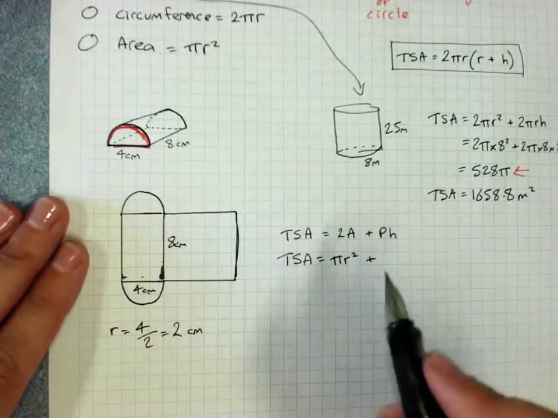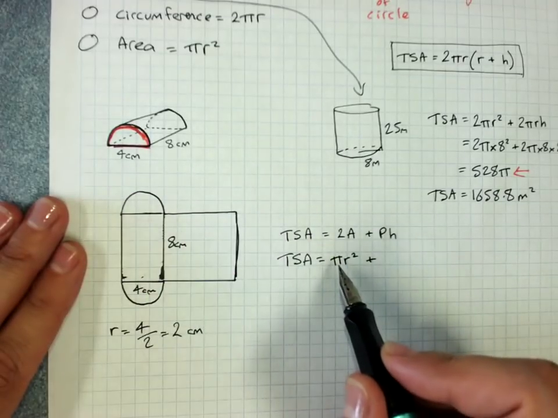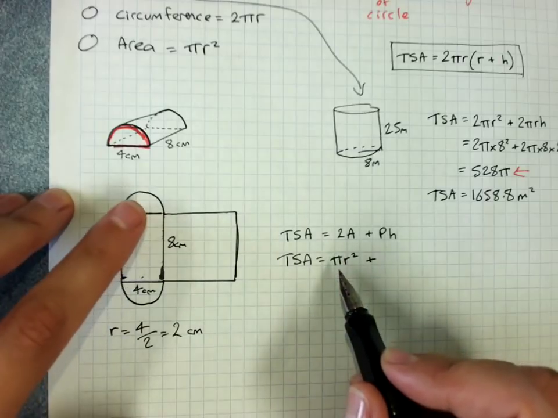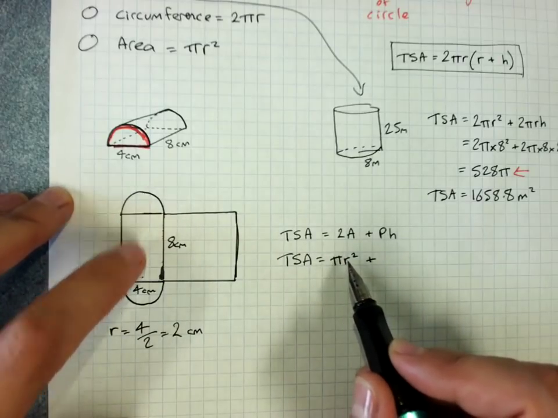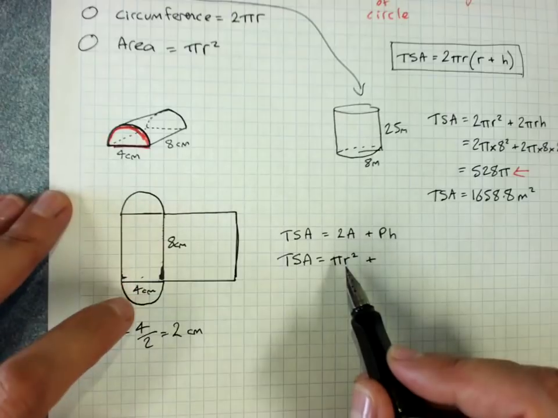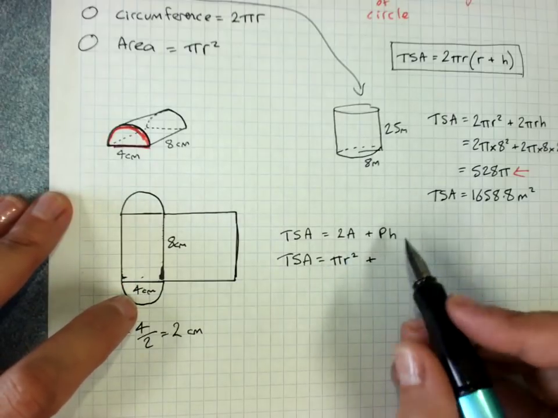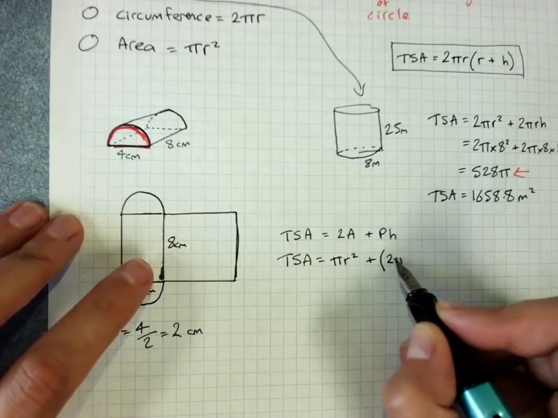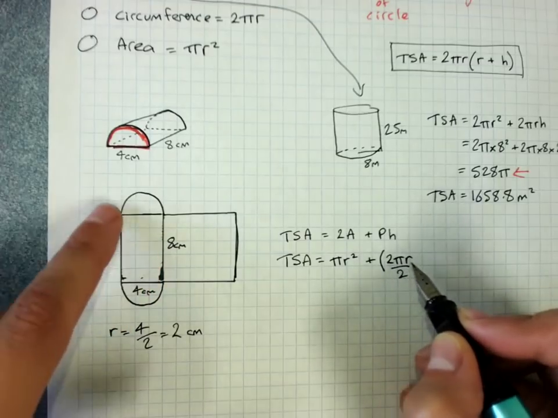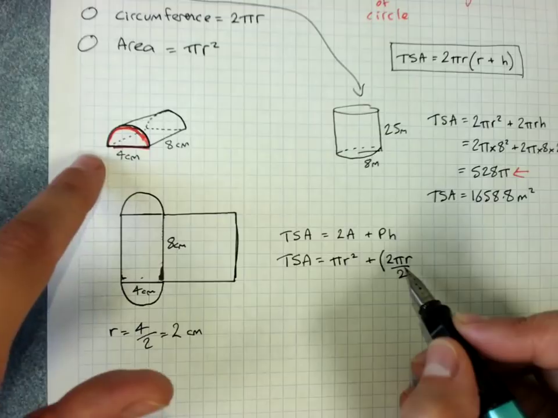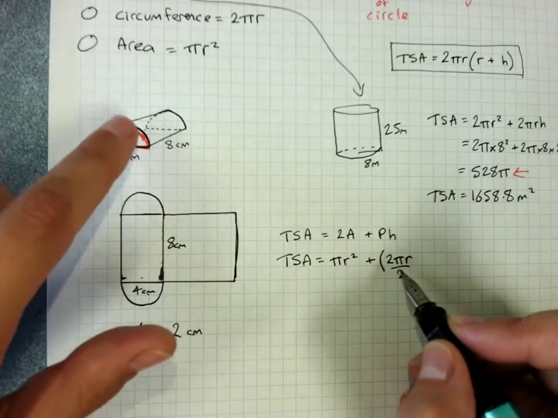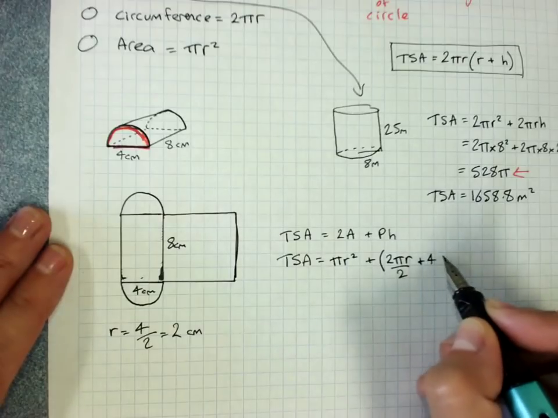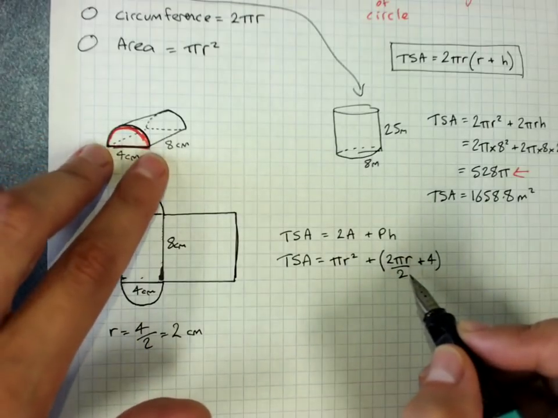So you've got to be very careful to treat this as a prism. 2 lots of the area would be half of pi r squared times 2, so half times 2 cancels out, we've just got pi r squared, plus the perimeter is 2 pi r over 2, 2 pi r for the circumference, divided by 2 because there's half of it, plus 4 because there's this flat bit.